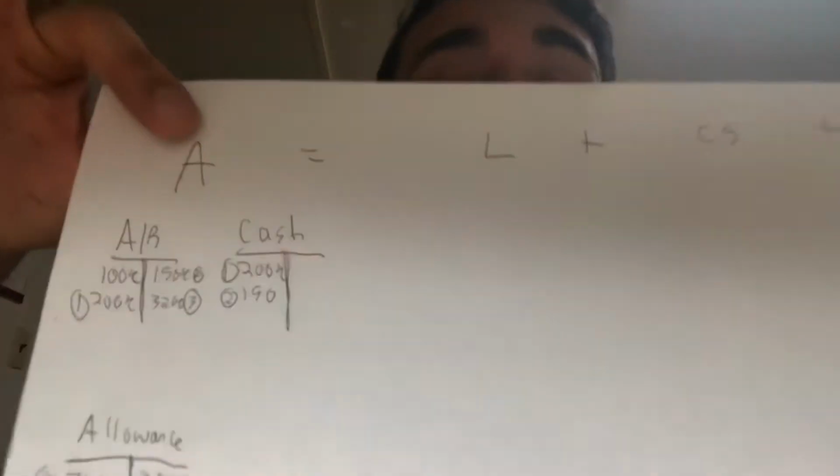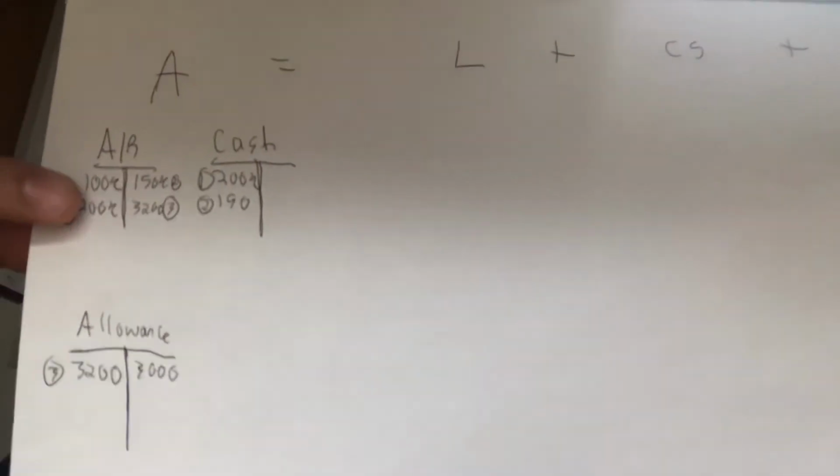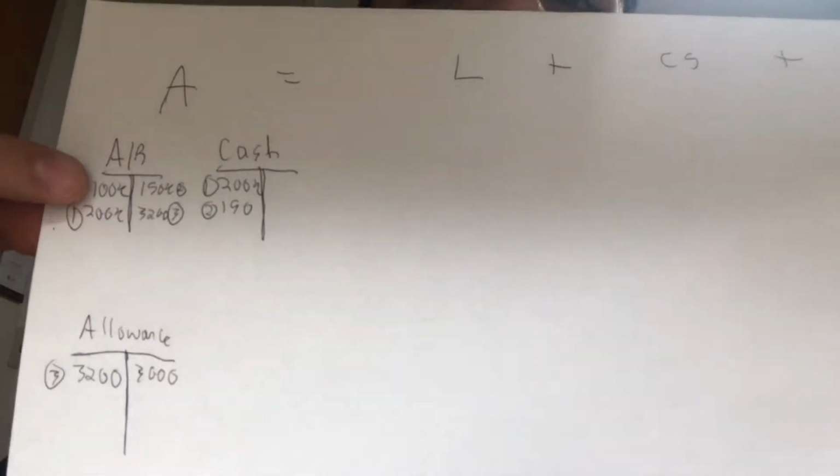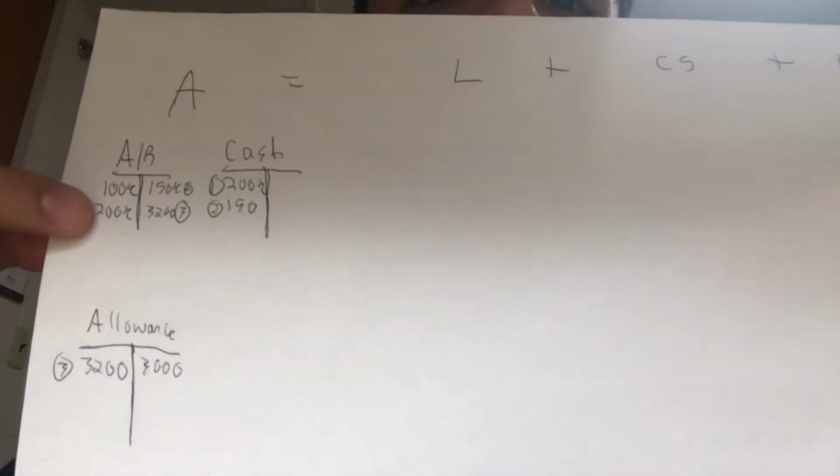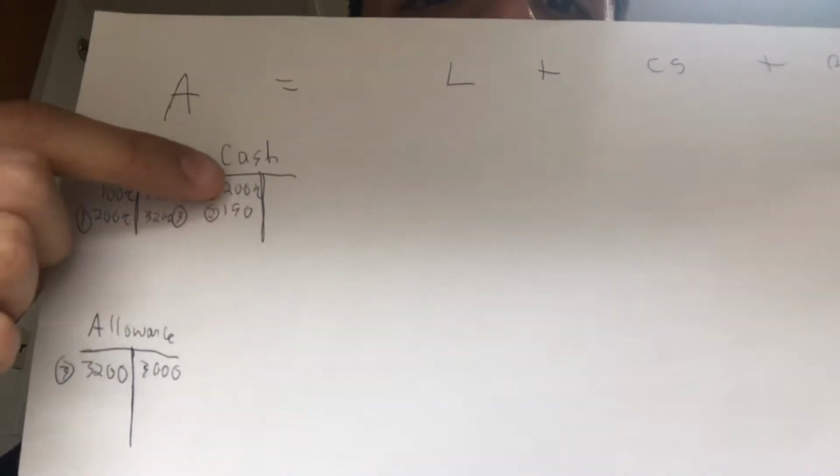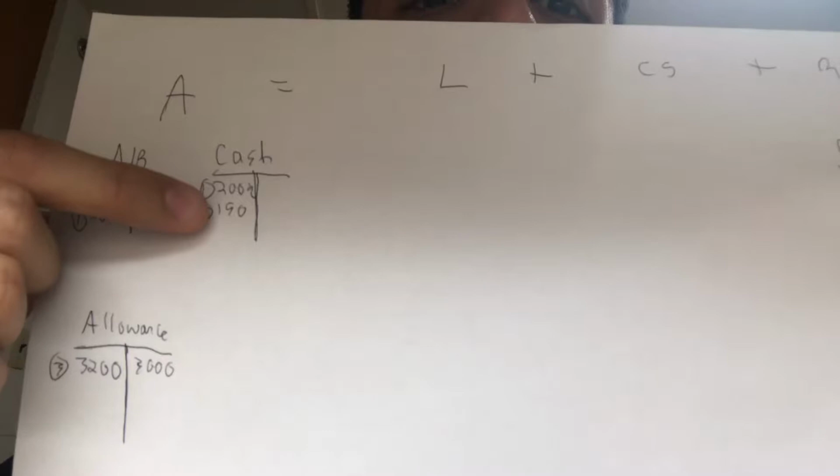So I'm looking at the chapter 7 quiz and I set up all the T accounts before we have to find the percentage of net credit sales. So this is what we have so far. That's our beginning balance in AR. That's revenue on account. That's our beginning cash balance.